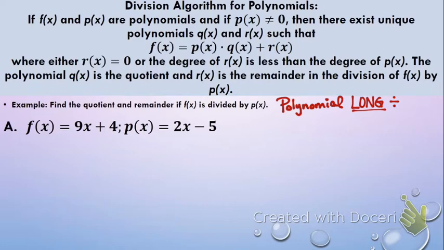All right, so p of x, this is our divisor, goes on the outside. f of x is our dividend, inside.